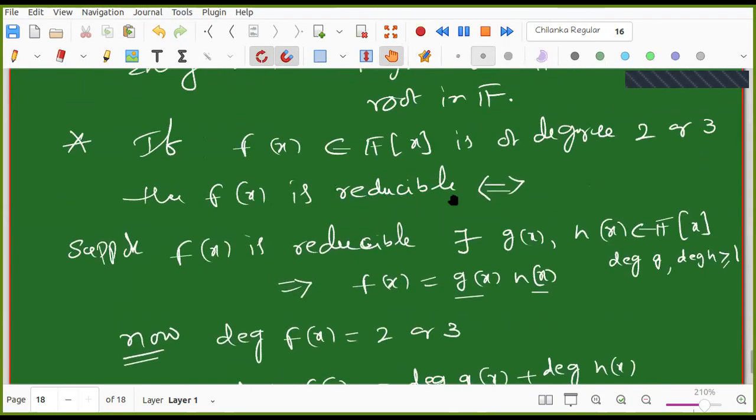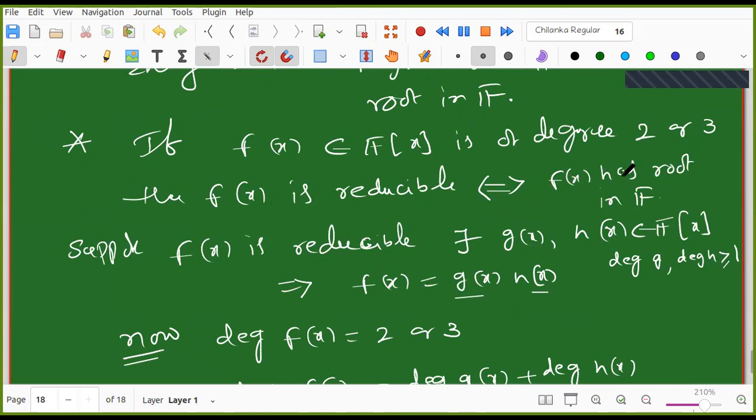So what do we conclude now? f(x) is reducible if and only if it has a linear factor. Having a linear factor is the same as having a root in F, right? f(x) has a root in F. You can prove both sides.